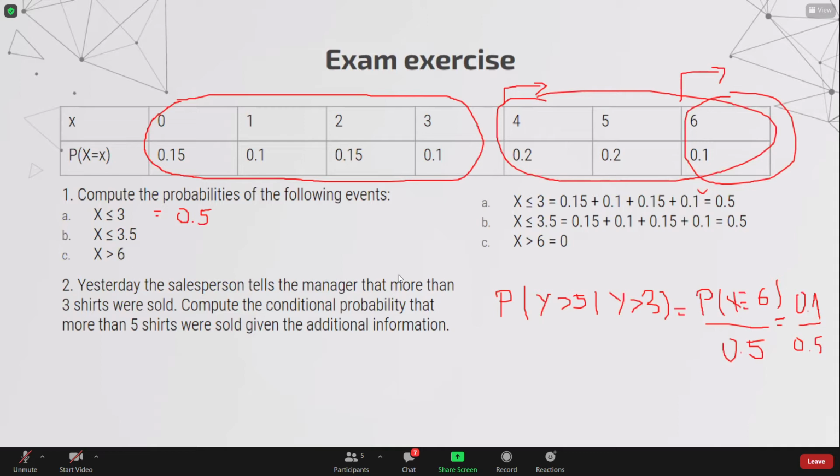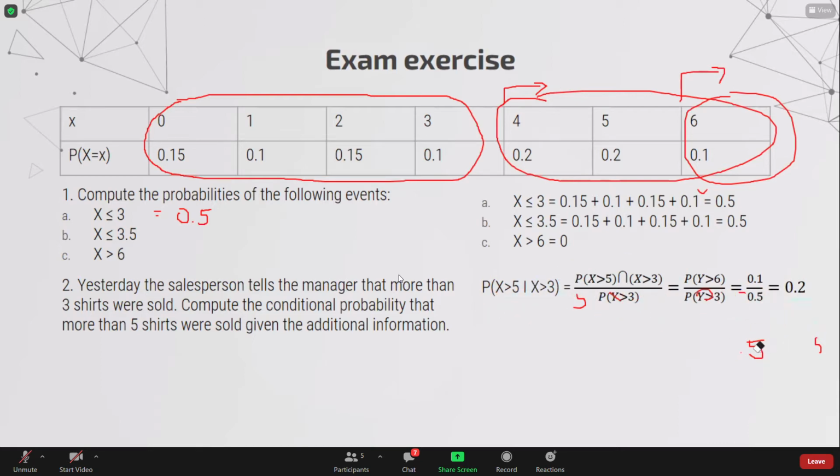So one more based on the same table. Okay, that's the answer, but I already wrote it. Oops. And one more, and it asks us for independence.